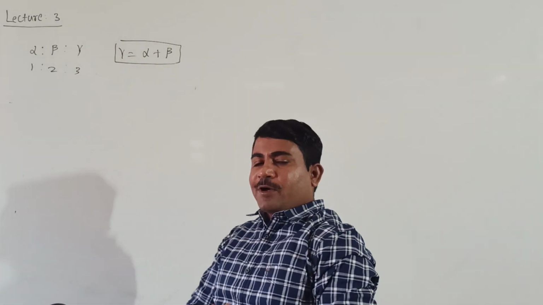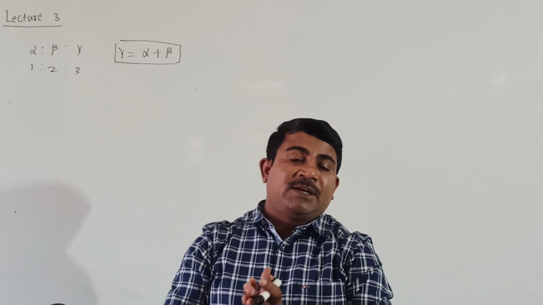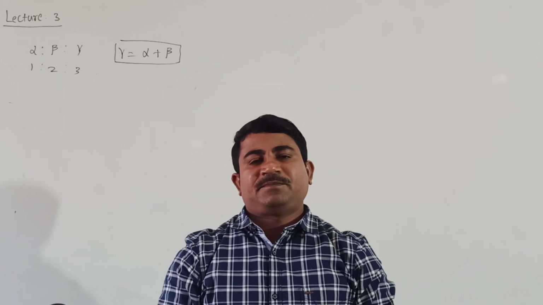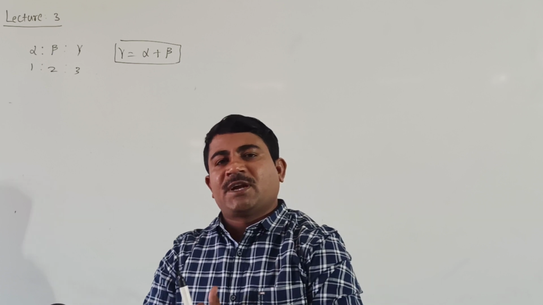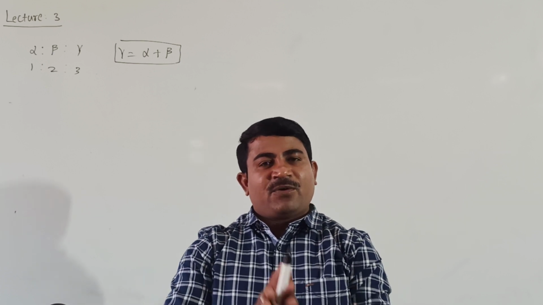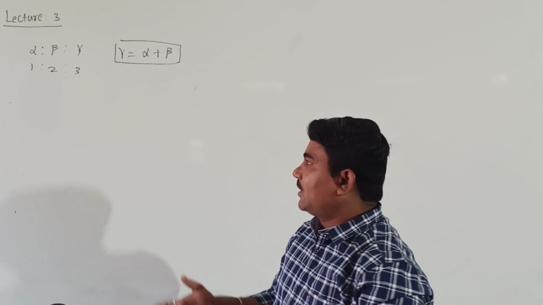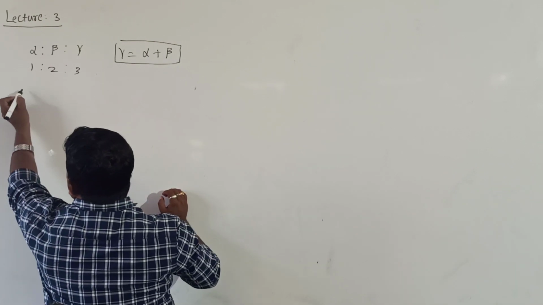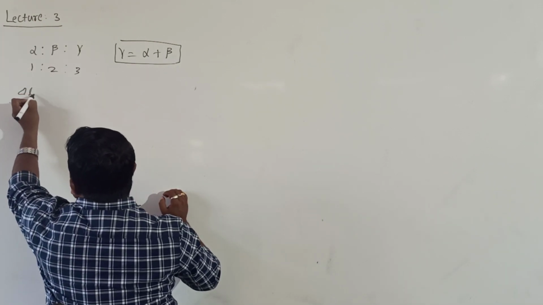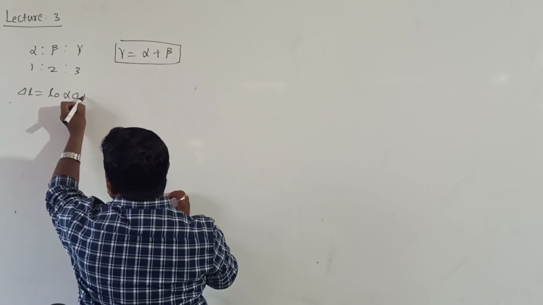Then for alpha, beta and gamma, we want to see the relations in terms of length. Students, before that, for the coefficient of linear expansion, areal expansion and volume expansion, we have already seen how it is. For linear expansion, the change in length is equal to L0 alpha into delta t.